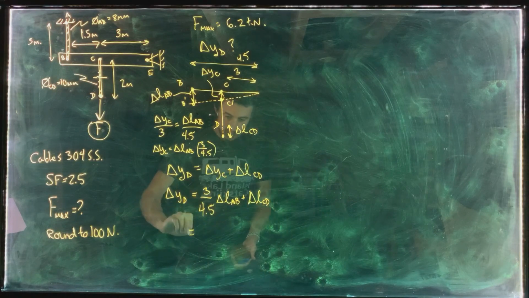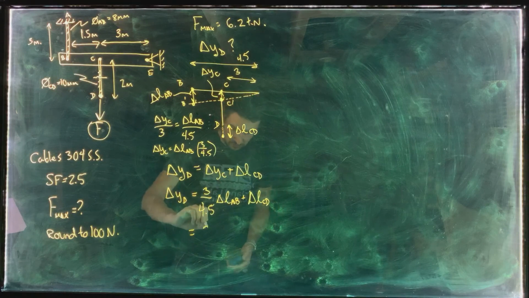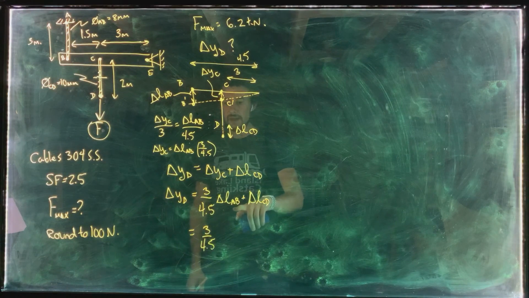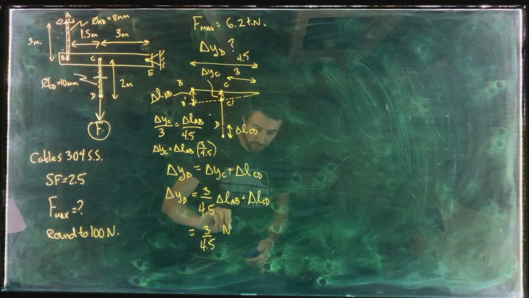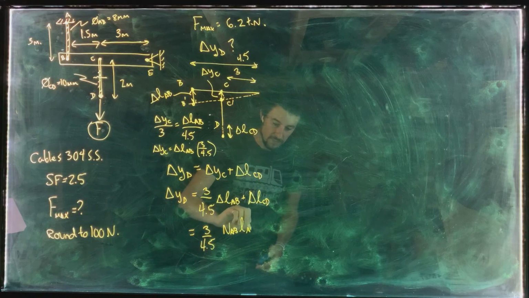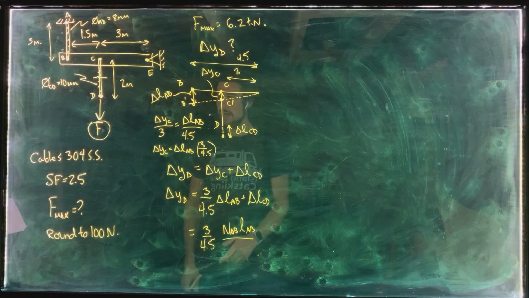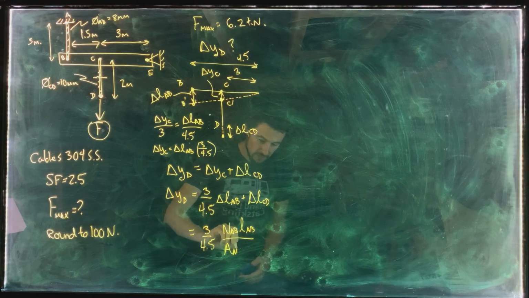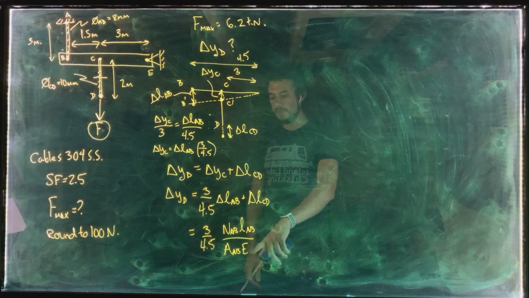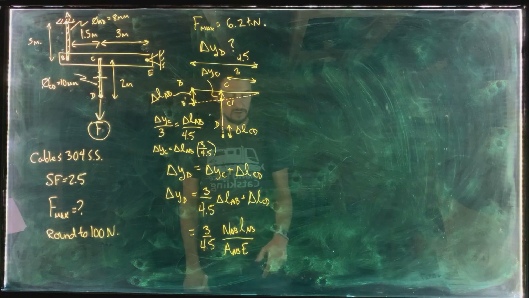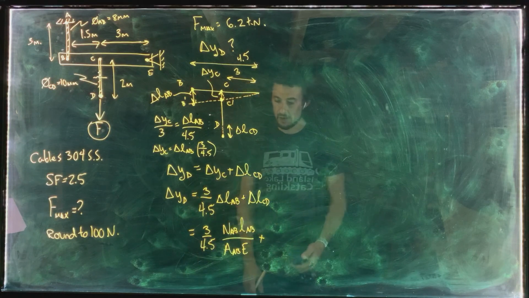So let's expand those equations out. So we've got 3 over 4.5. The change in length of AB is going to be the normal force in AB multiplied by the length of AB divided by its cross-sectional area of AB, and its modulus of elasticity E. Now I'm going to drop the subscript there just because both cables are made of the same material, so we don't really need a subscript there.